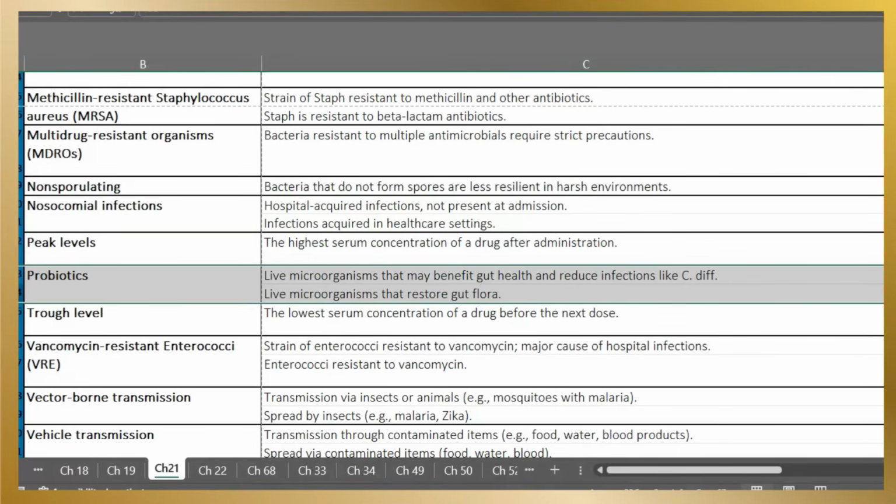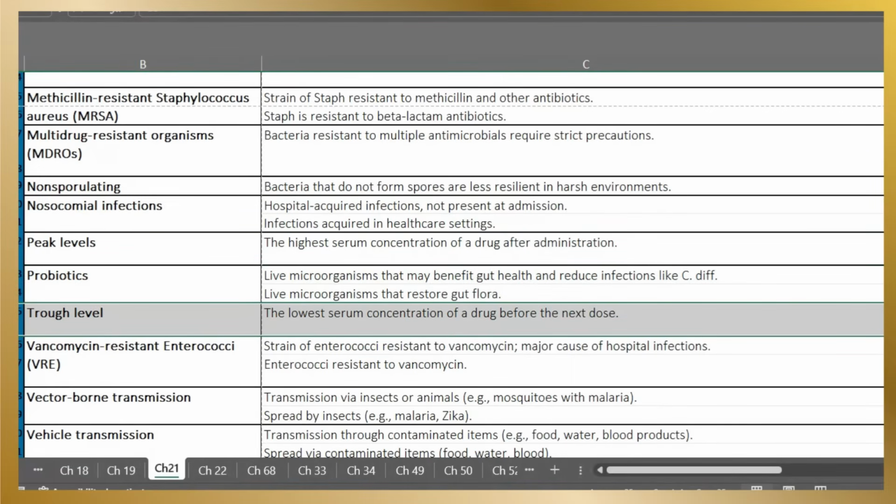So probiotic means pro-health biotic, gut protectors. Give after antibiotics. Trough level, the lowest serum concentration of a drug before the next dose. So think of trough as a valley before the next dose. Watch for effectiveness.